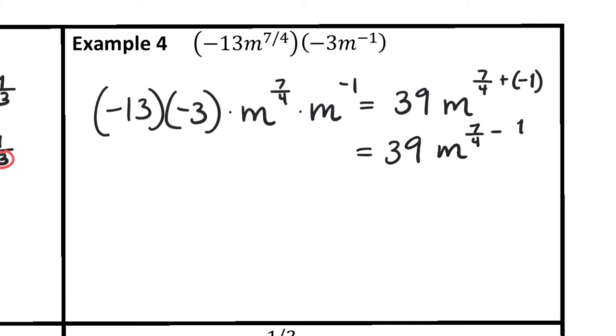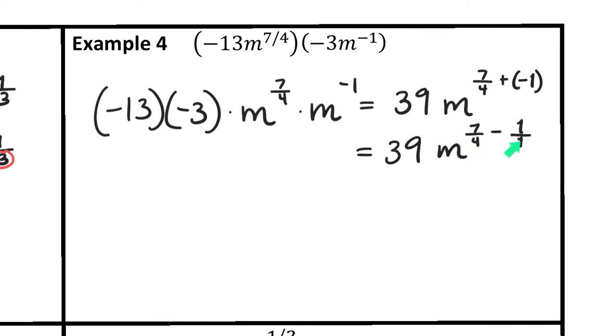But if I just have 1, then we assume that there is a 1 underneath. So it's 1 over 1. And I want to have a common denominator. The common multiple is going to be 4.